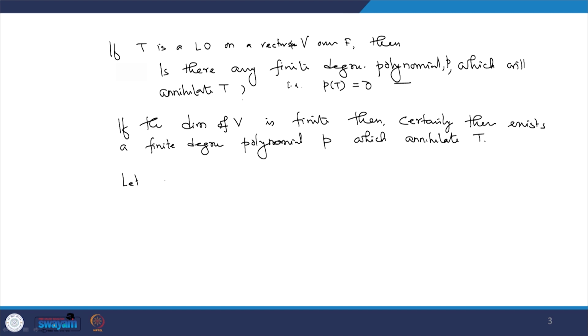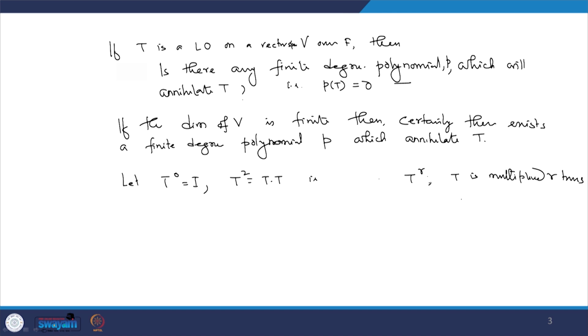Let me define T to the power 0 equal to the identity operator I, and T square equal to T into T. And T to the power r is T multiplied r times, that is, the operator applied r times.